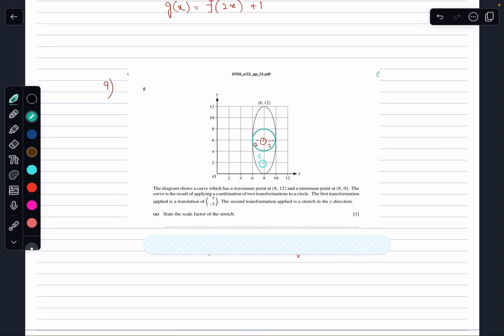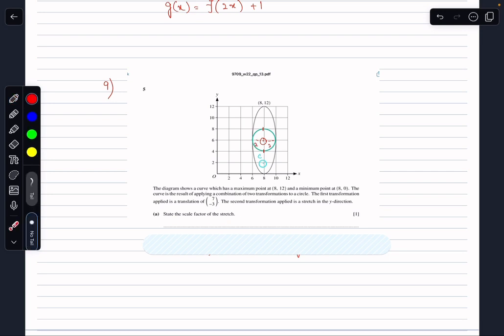If I just draw the figure, then initially without the stretch, this is how it should have been. But then because the stretch has been applied in the y direction, it means from here and from here it has been elongated or stretched by some scale value. So this is the first asked question.